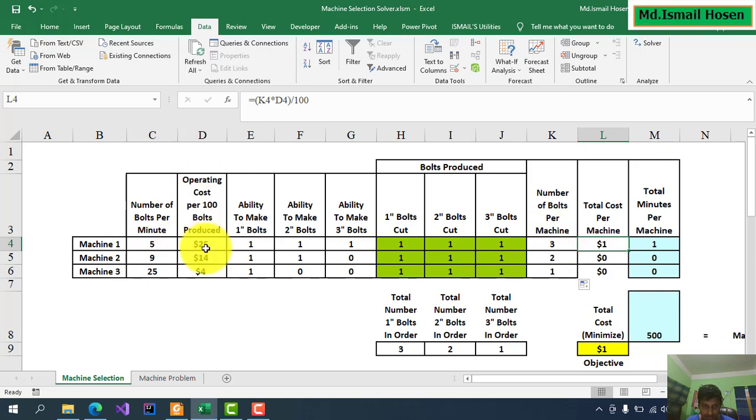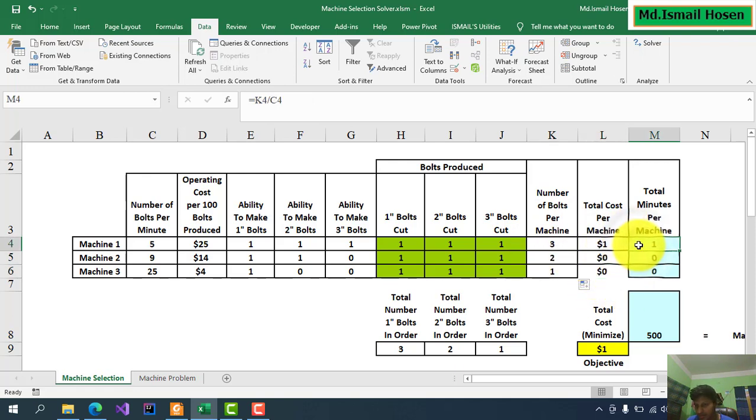And we can see that per 100 bolts it takes $25, right? So we are dividing by 100, and multiplying by that number, $25. That's the total cost per machine. This one, and this one, same for all of these.